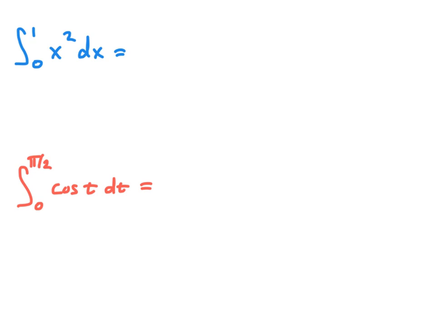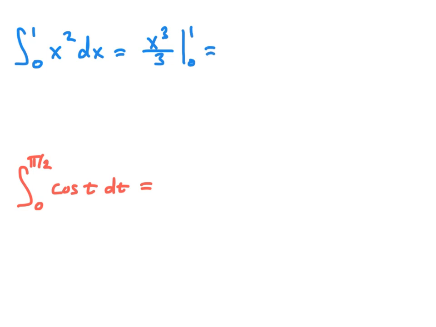Let's take a look at a couple basic examples using the Fundamental Theorem of Calculus. In our first example, we want to find the integral from 0 to 1 of x squared dx. To do this, we first need to find an antiderivative of our integrand. In this case, we've already seen that x cubed over 3 is an antiderivative of x squared. And we want to evaluate this function from 0 to 1.